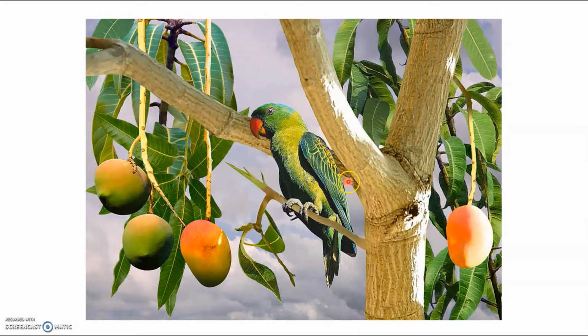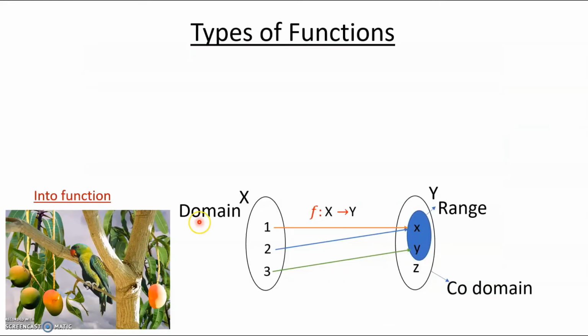Let's call the parrot our x. So we're going to establish a relationship from the parrot to the mango. The parrot will be called the domain, and the mango will be called the codomain, and the range also is the mangoes. This is called an into function.